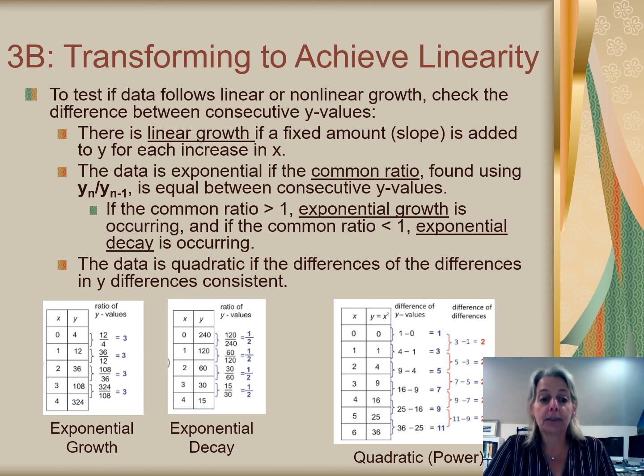And then if I go to the third y term, divide by the second y term, I also get 3. So you have a constant ratio of change in y. And that would be the same if you're talking about exponential decay, you would just have a ratio that's less than 1, so a fraction that's less than 1.